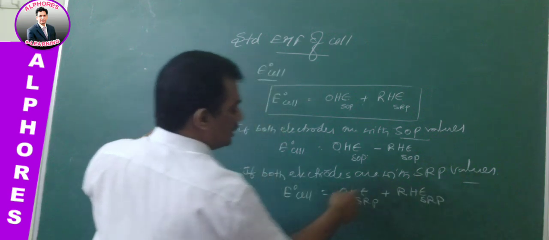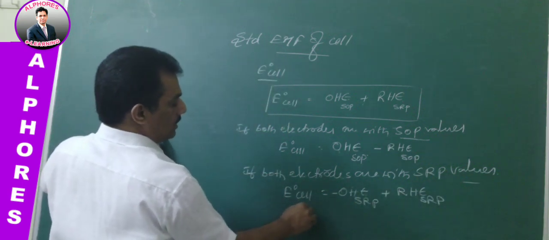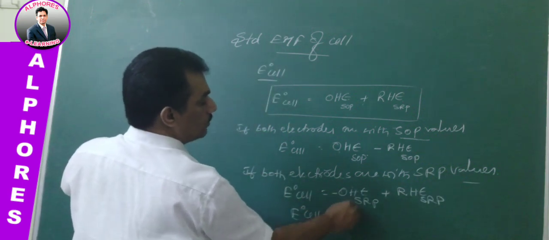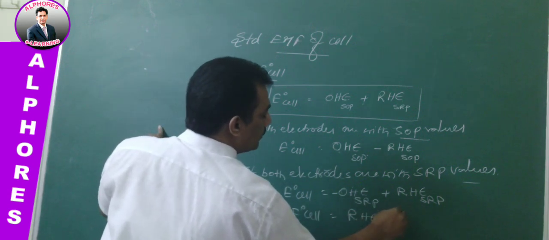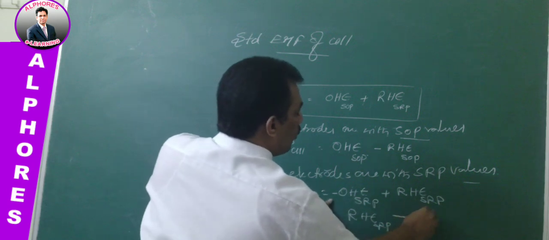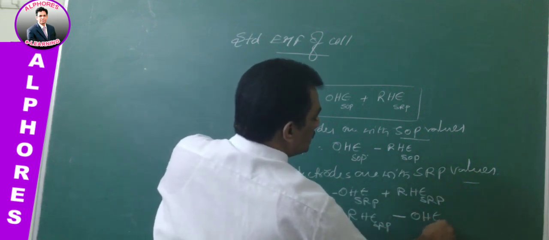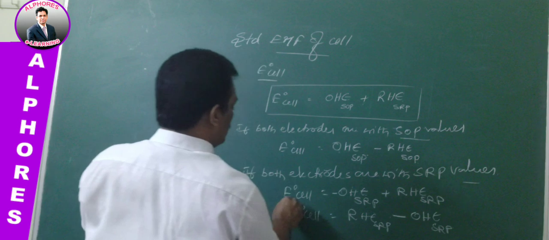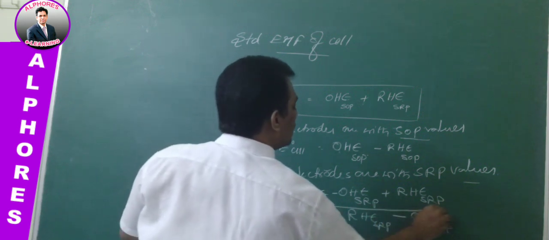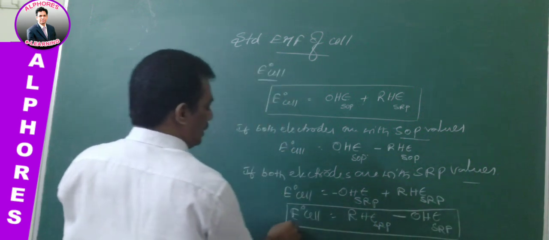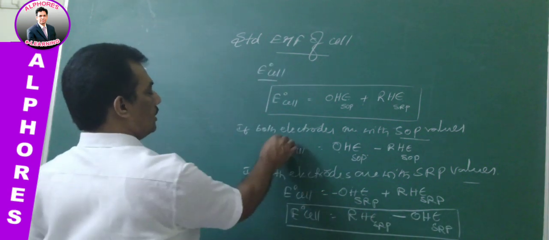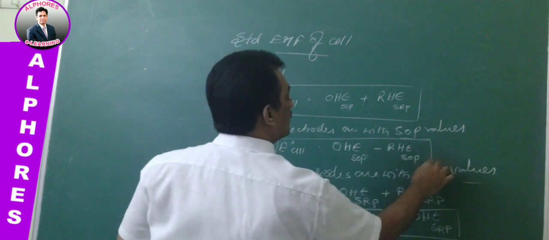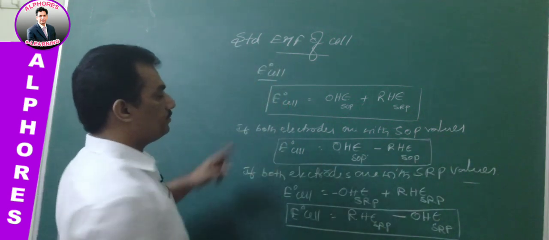Simply on rearrangement, what you are getting is E naught cell is equal to RHE SRP value minus OHE SRP value. Here you know RHE is reduction half electrode and OHE is oxidation half electrode. Altogether here we are getting three different formulae.